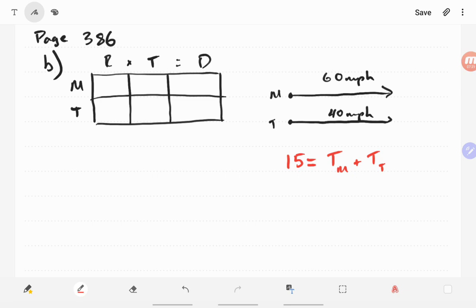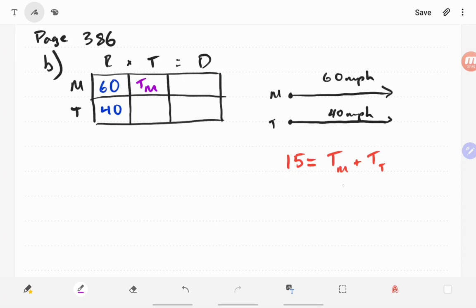We've got, for Monday, we know that the rate is 60. For Tuesday, we know the rate is 40. We don't know the exact times, but let's just use TM for Monday, the time spent driving on Monday. If the time spent driving on Monday is that amount, how much time is left over out of 15 for the time that he spent driving on Tuesday?